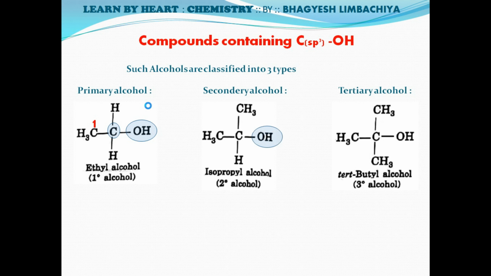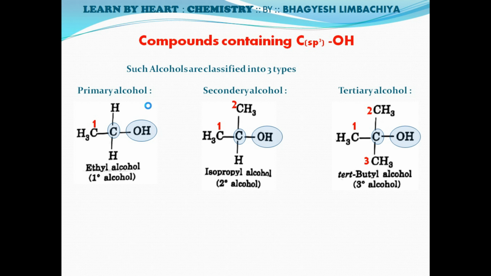Consider the second. Here the OH-containing carbon is attached with two carbon atoms. So this is a secondary alcohol. Next, the OH-containing carbon is attached with 1, 2 and 3 carbon atoms, so this one is tertiary. Now we can easily identify which is primary, which is secondary, and which is tertiary alcohol.